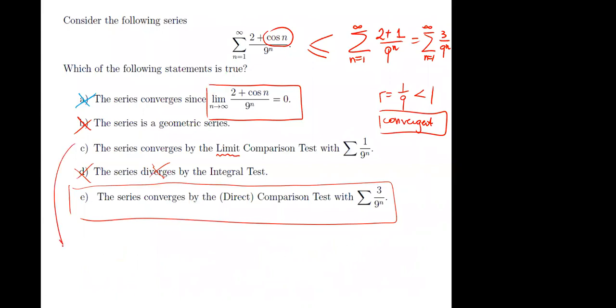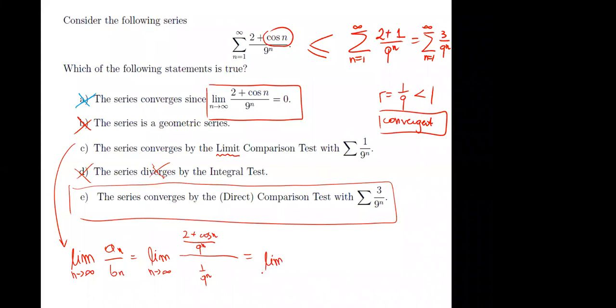If I want to apply the limit comparison, I have to take my original formula and divide by the new one. The original one is 2 plus cosine of n over 9 to the n, and the new one is just 1/9 to the n.